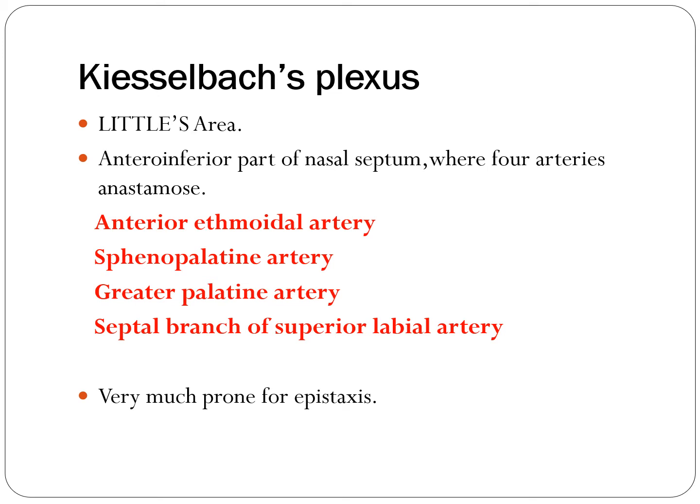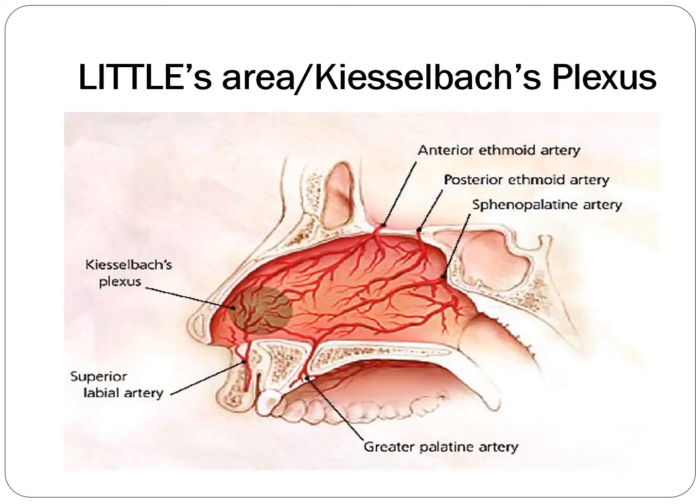The four arteries are the anterior ethmoidal artery, sphenopalatine artery, greater palatine artery, and septal branch of the superior labial artery. These form the plexus, and there will be chances of bleeding from this.